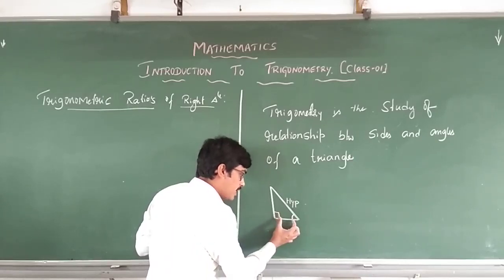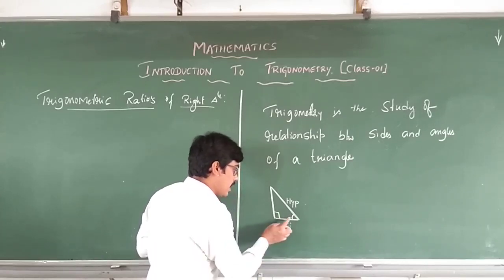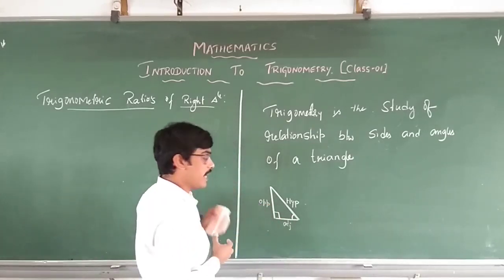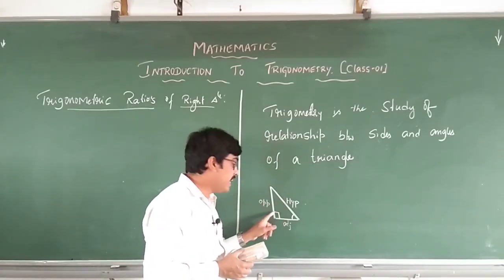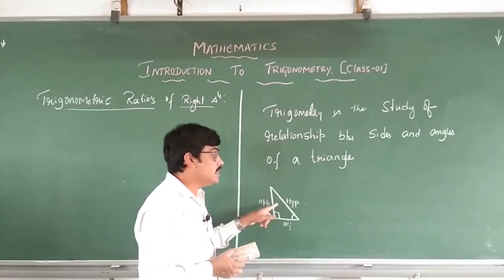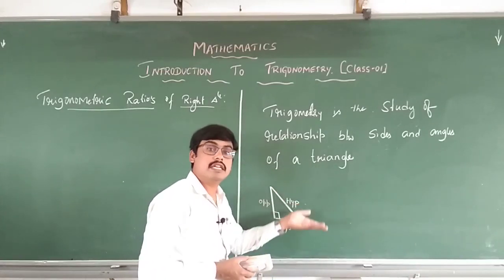Notice these 2 angles are adjacent to this side, so we call this the adjacent side. The side opposite to this one is called the opposite side. Means in a right angle triangle we have 3 distinct sides. We can name them, but this is not possible in all other triangles.